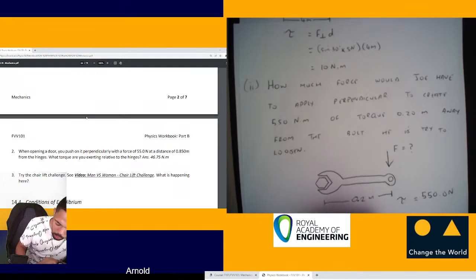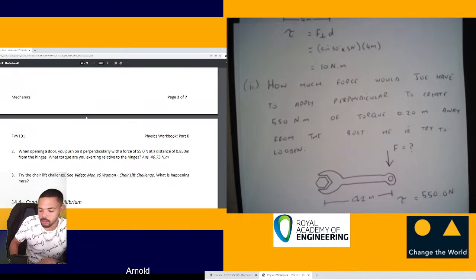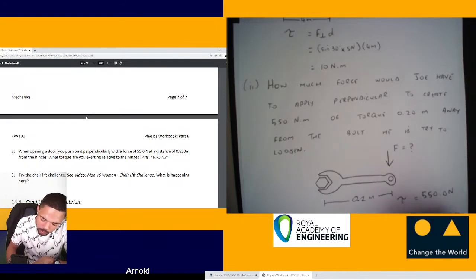Okay, we know that torque is equal to the perpendicular component of the force multiplied by the distance at which that force acts. Therefore, if we rearrange that, we get that the perpendicular component of the force is equal to the torque divided by the distance at which this force is acting.